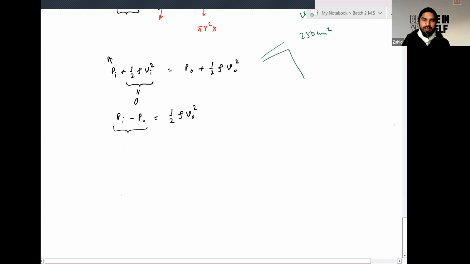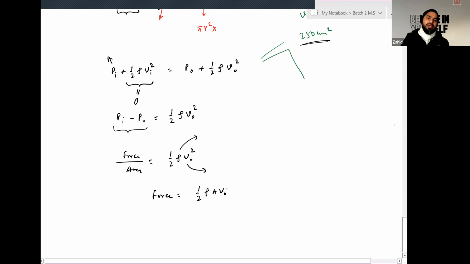So we may write it as force divided by area of cross section equals half rho V naught squared. In this part, rho is the density of air, V is given, at which velocity the air is flowing. We have to calculate the force exerted. Area of that roof is given, that is 250 meter square. So from this we may find force equals half rho A V naught squared.